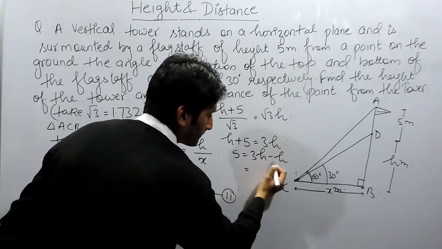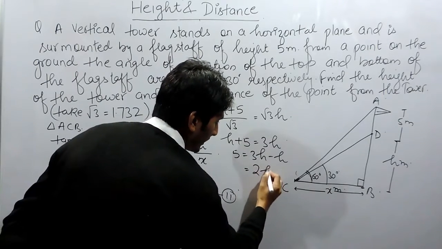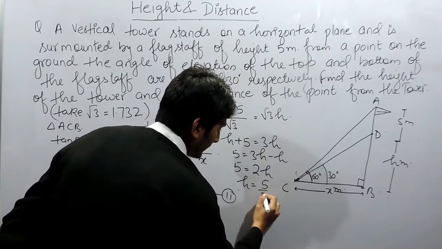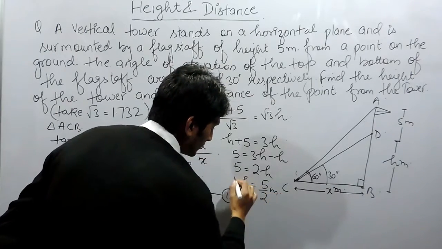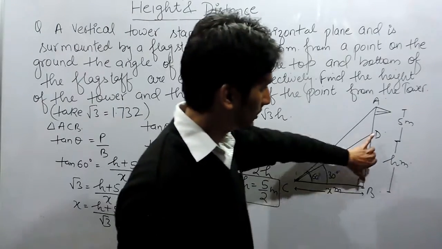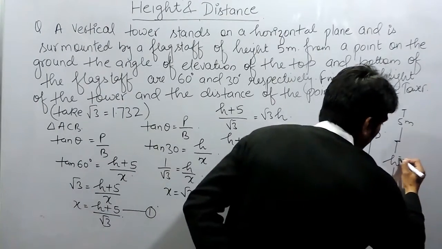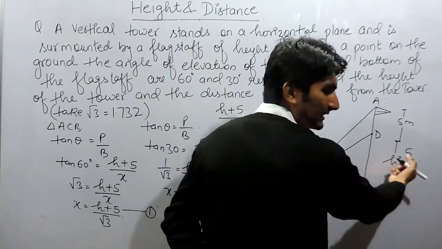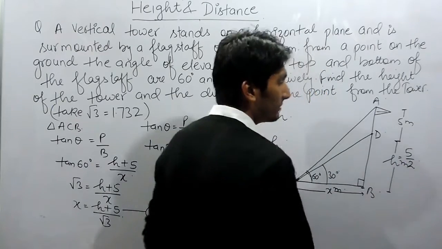So this will be 3 minus 1, that is 2h is equal to 5, and the value of h will be equal to 5 by 2 meters. So here the value of h must be equal to 5 by 2 meters, or you can say 2.5 meters.